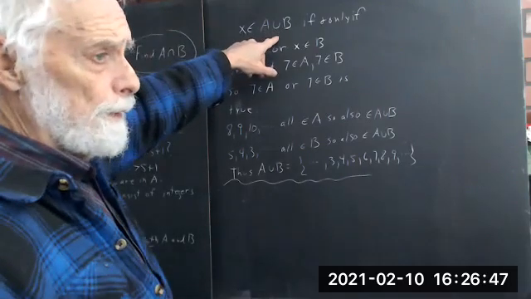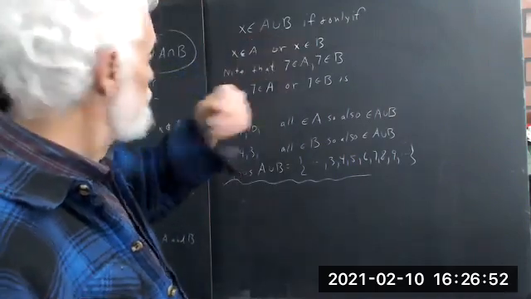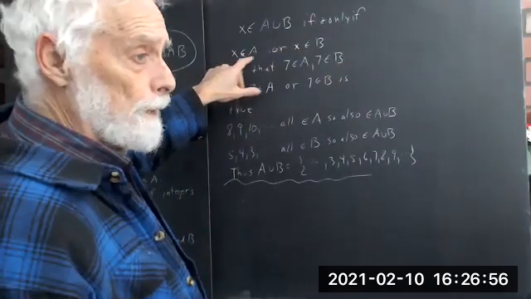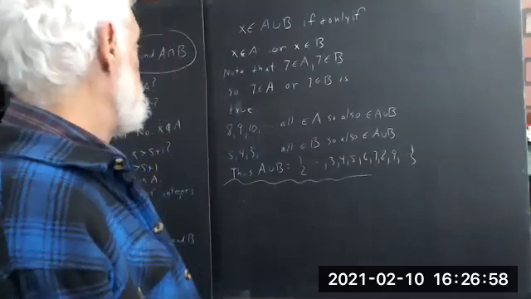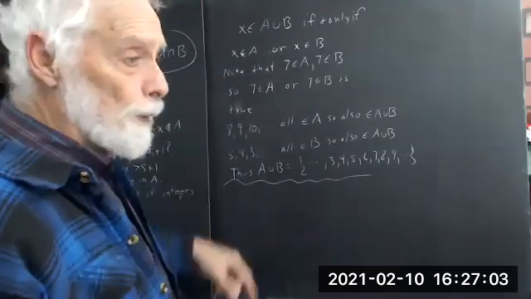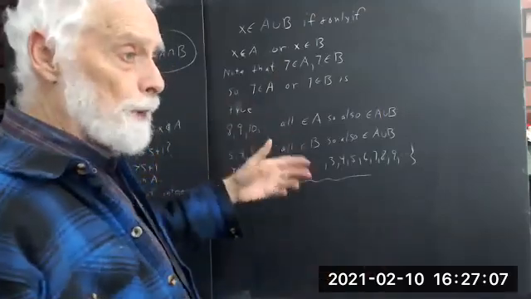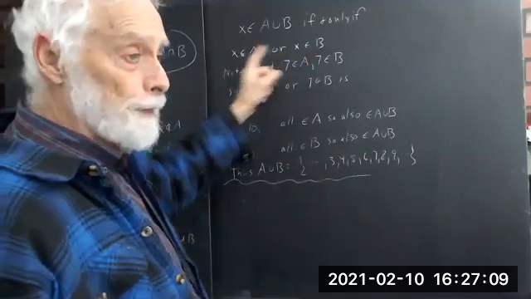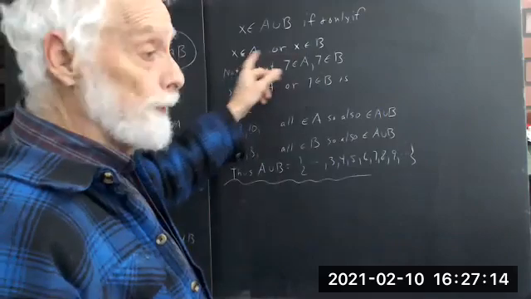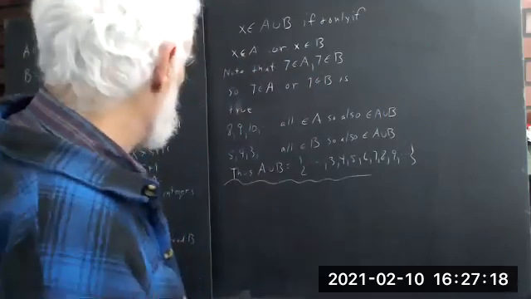We'll talk about union. Okay, X is a member of A union B if and only if X is a member of A or X is a member of B. Well, what does OR mean? An OR statement, as you know from logic, is true provided both of the things are not false. So if either one of these is true, or even if both of them are true, the OR statement is true.